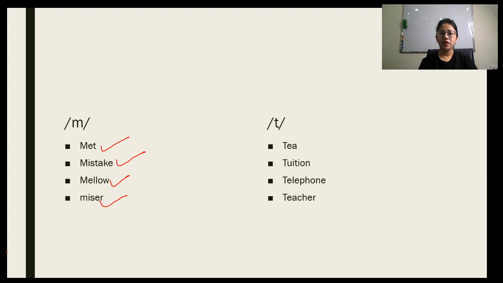T. So t, t, t, tuition, telephone, teacher. So you can see that these are the sounds that get produced when you're pronouncing these words. And girls, I want you to pronounce it with me now.